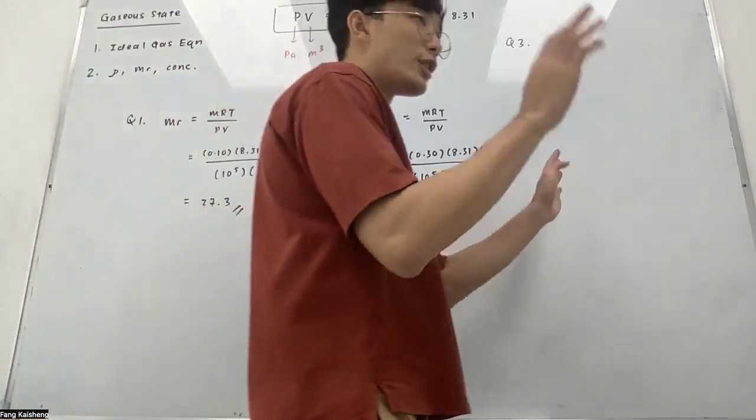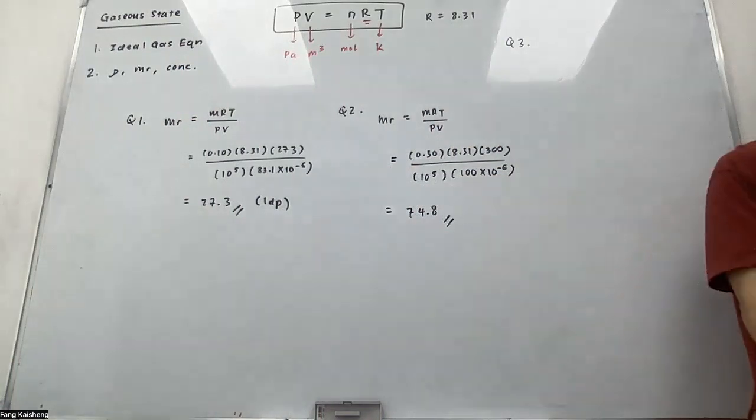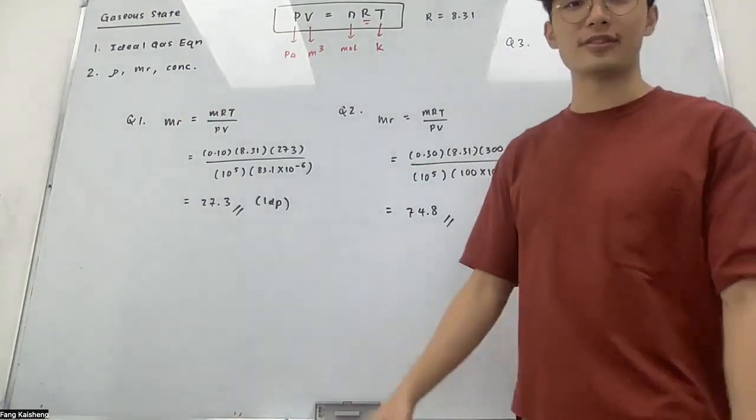Density, everything else is 3SF, with certain exceptions like MR and AR. So anything else, just put 3SF.